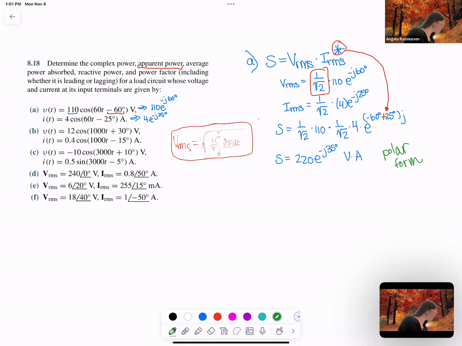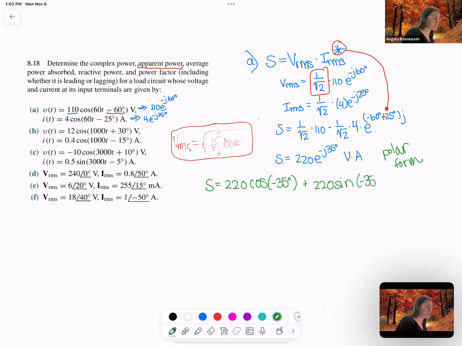How do we change to rectangular form? Let's remember that. You take the magnitude and then cosine of the angle. That will give you the real portion. And then the magnitude times sine of the angle gives you the imaginary portion.